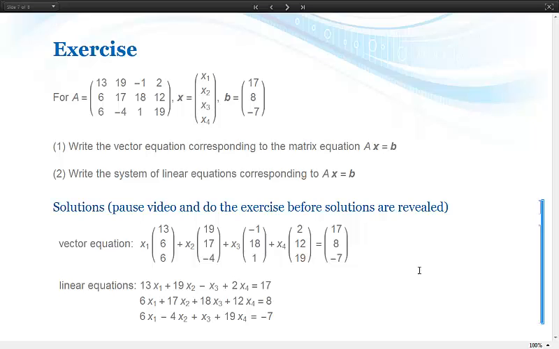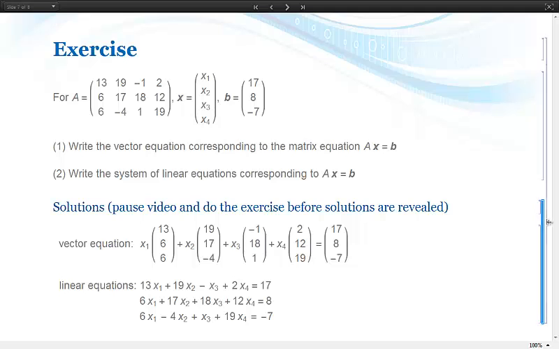And the corresponding system of linear equations is given by doing the vector dot product idea. 13x1 plus 19x2 minus x3 plus 2x4 must yield 17. 6x1 plus 17x2 plus 18x3 plus 12x4 must yield 8. And the final equation is given there. 6 times x1 minus 4 times x2 plus x3 plus 19x4 must give minus 7.